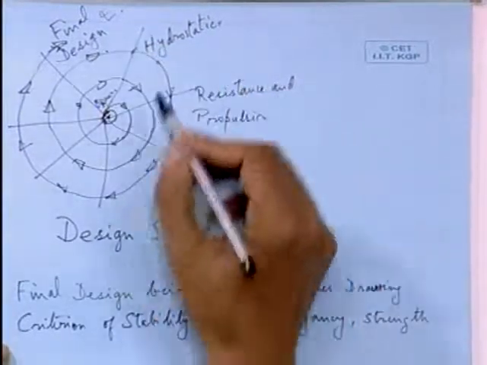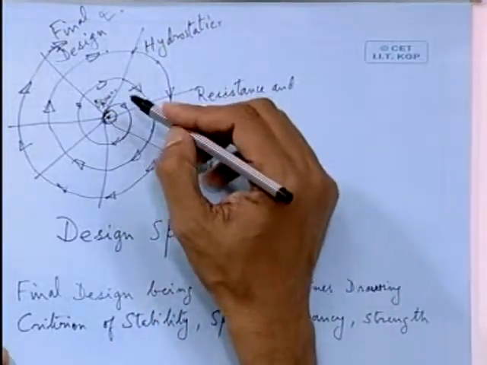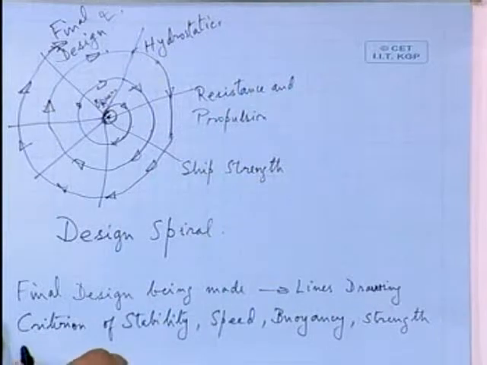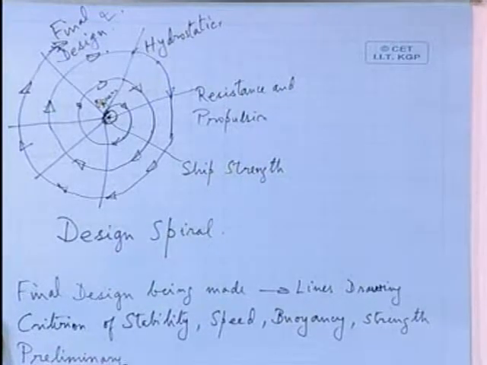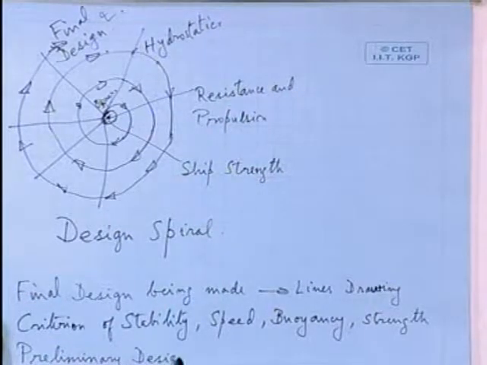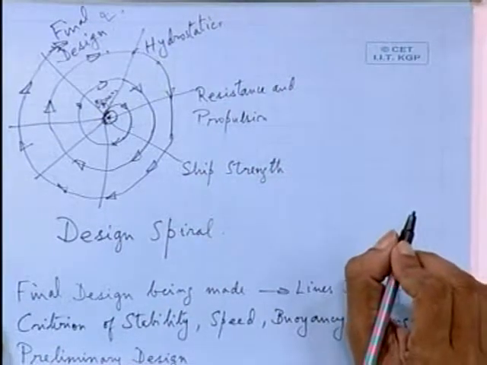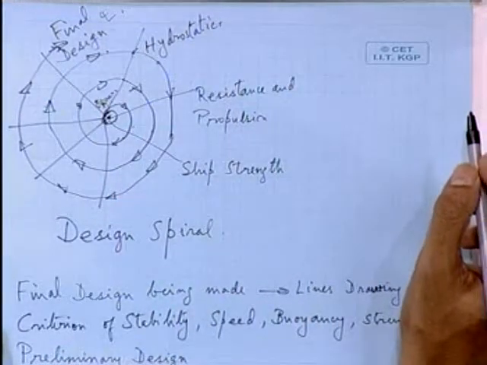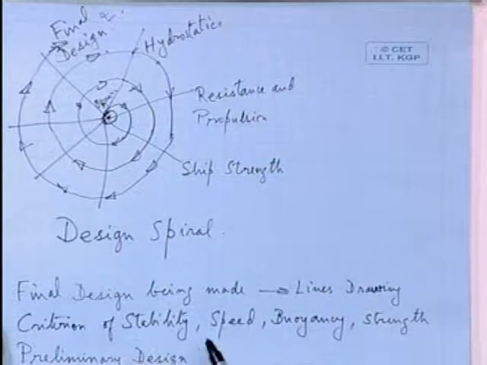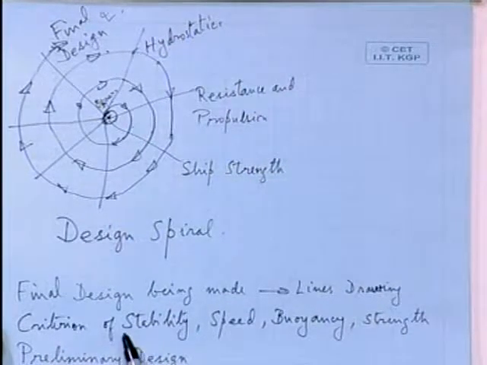But in the design spiral program, the initial or what is called your preliminary design, if you want to start, we normally call it preliminary design. From the preliminary design you are coming to the final design, and at the final design stage, all these criteria of stability, speed, buoyancy, strength have been satisfied.